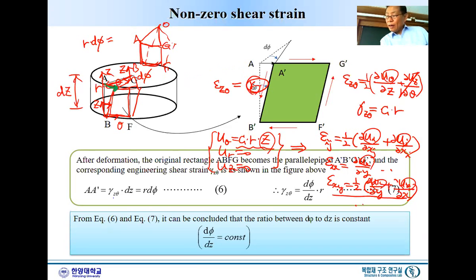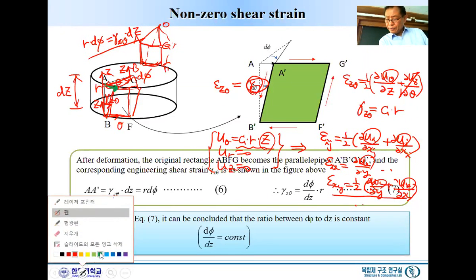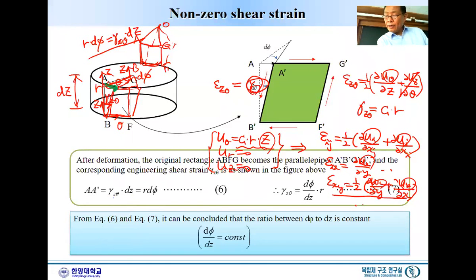As we define gamma, this is the shear strain gamma z theta. So gamma z theta times dz, that is the length of this green line. Okay, this green line can be calculated from here.